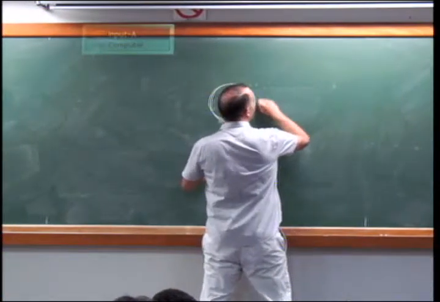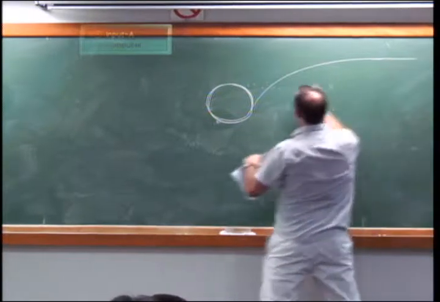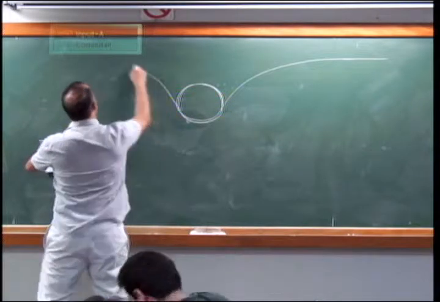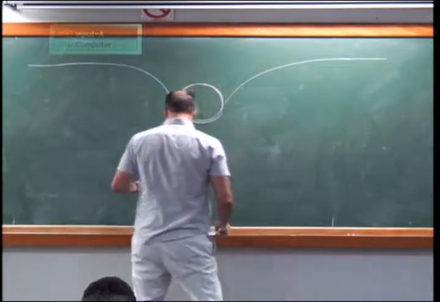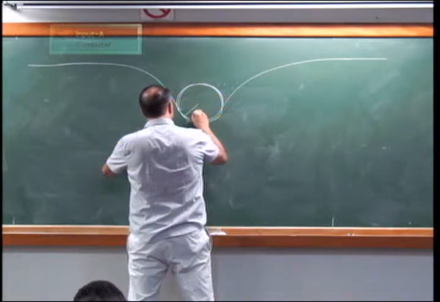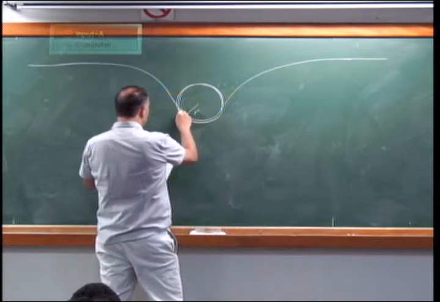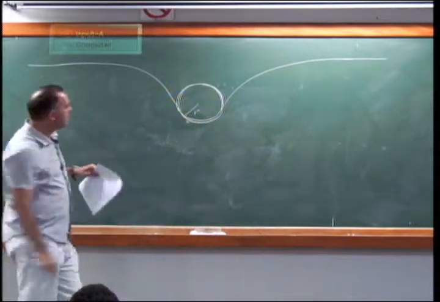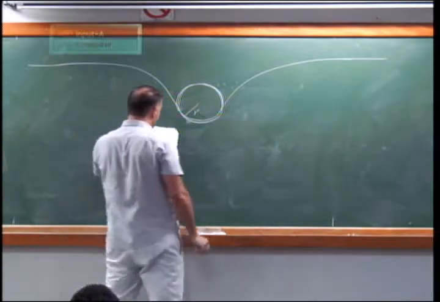This is going to match onto horizontal, likewise here. It has a radius r, and we know that these things are going to be menisci if they can exist, and they're going to have a characteristic scale of the capillary length.